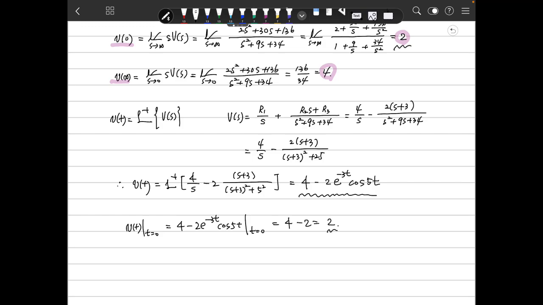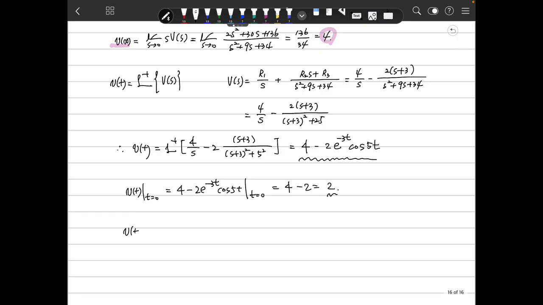The same result. For the final value, t to infinity, it is 4 minus 2 e^(-3t) cos 5t at t infinity.